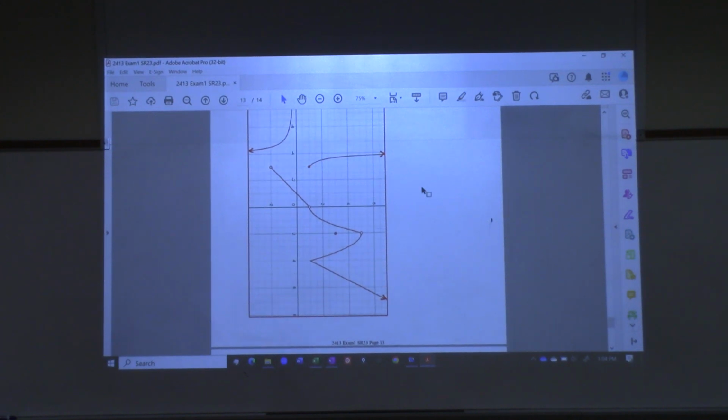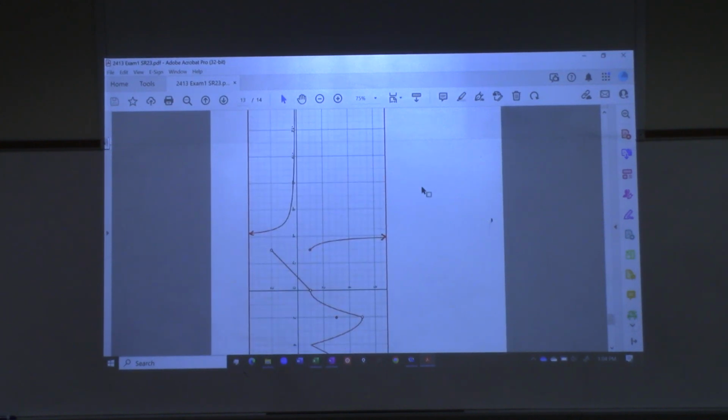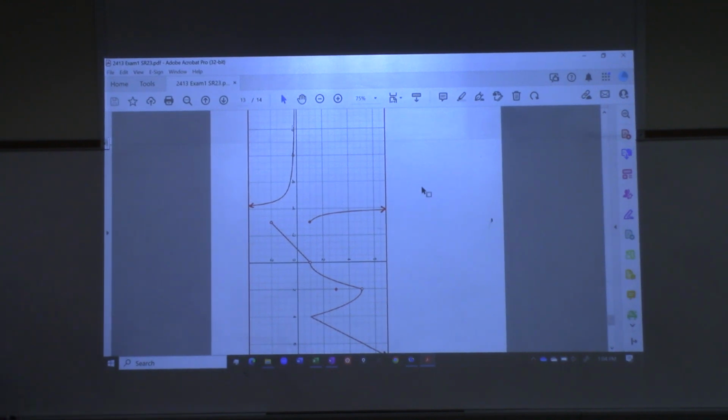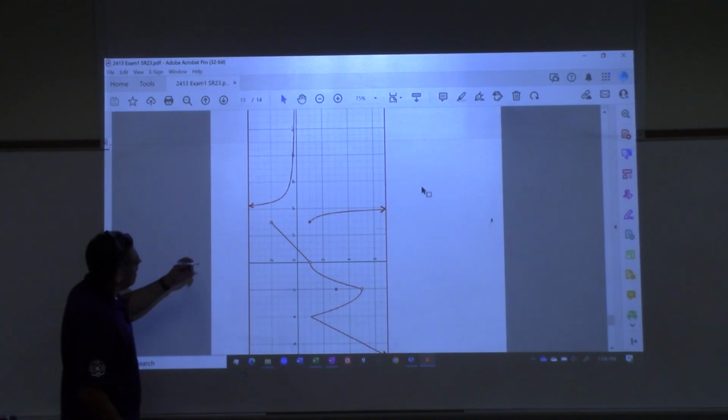But it was the one, what was it? Asking about where this function fails to be differentiable, right? So when does a function fail to be differentiable? Anytime you have a corner or cusp, or a jump or a break in the graph, right? Or a vertical tangent. So anywhere where we have a break in the graph would be a problem.